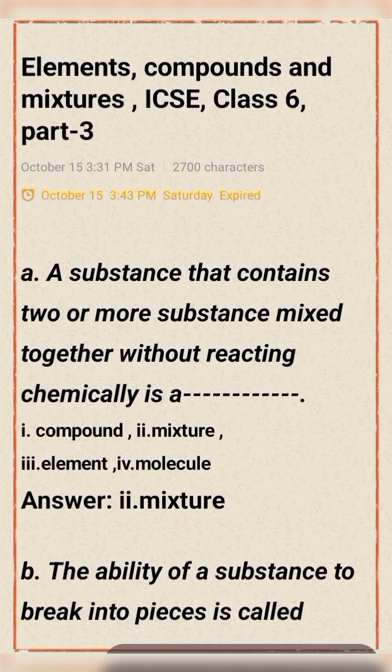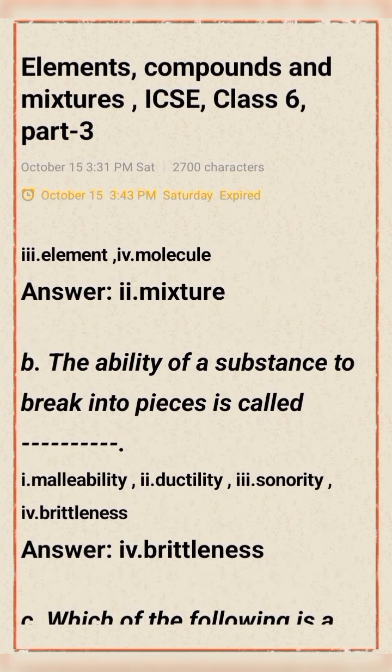The right answer, mixture. Next question number B. The ability of a substance to break into pieces is called, option 1, malleability, option 2, ductility, option 3, sonority, option 4, brittleness. Answer, brittleness.